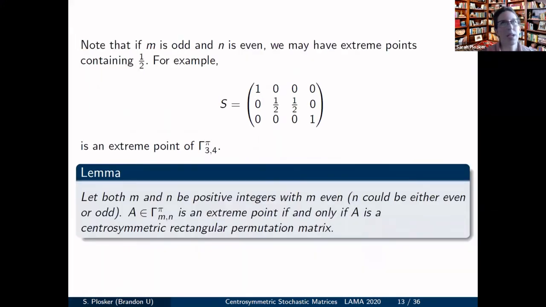So that was for m even. The interesting thing for m odd, if m is odd and n is even, we might have extreme points containing 1/2.